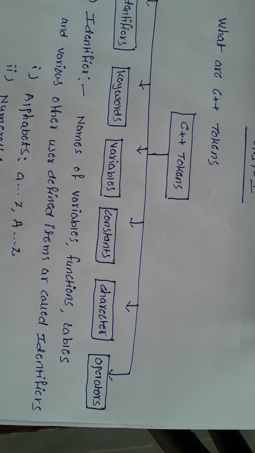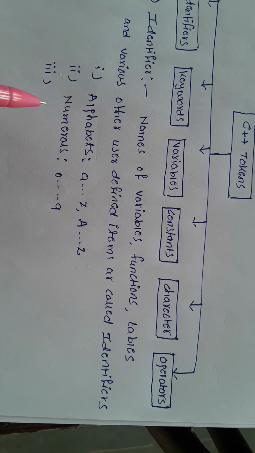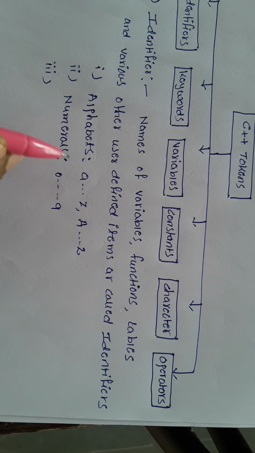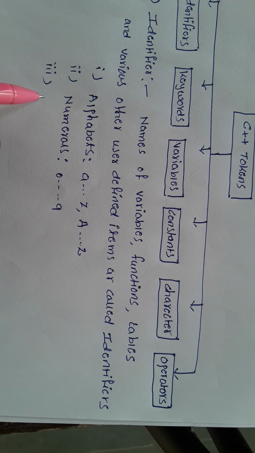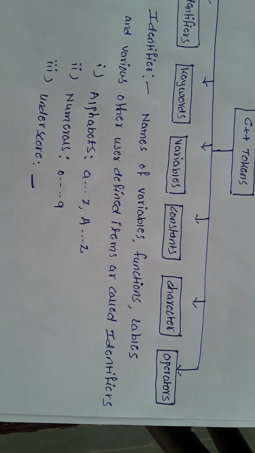Third, a special character that can be used as an identifier within C++, that is underscore, a symbol like this one.